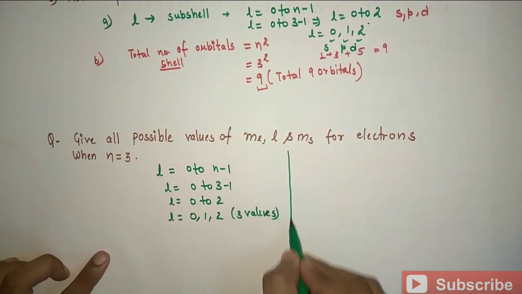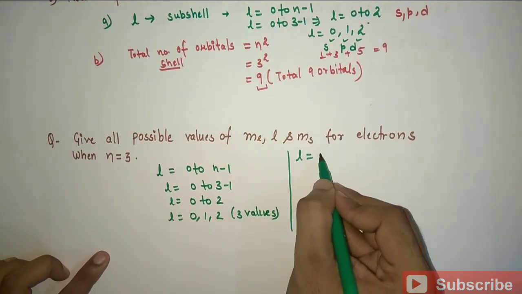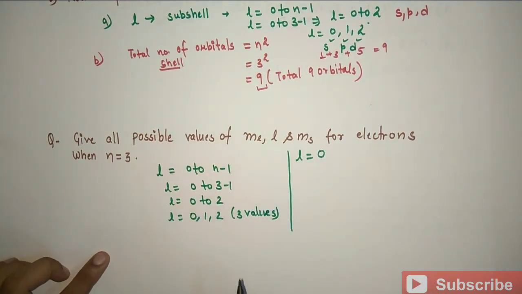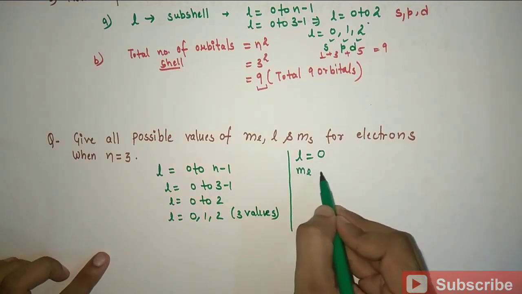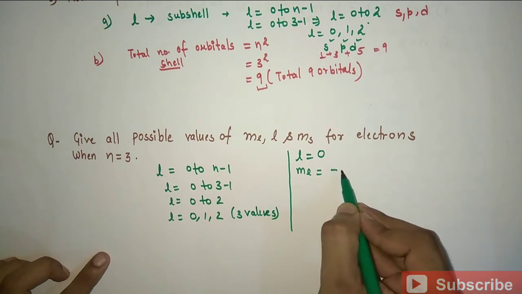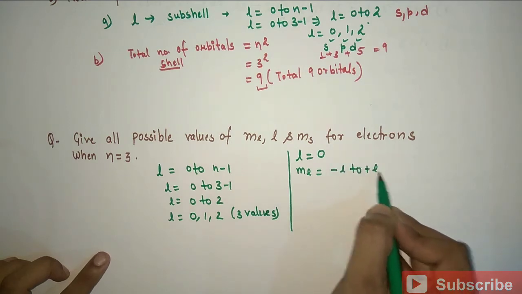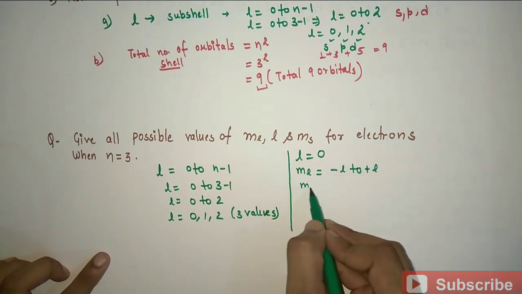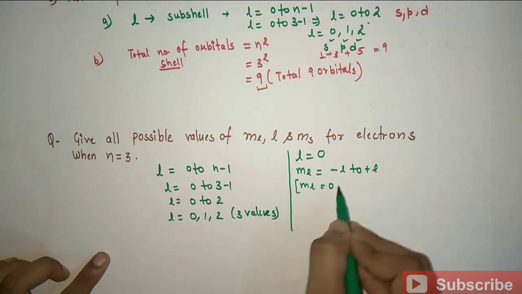In the first case, let's suppose l has the value 0. Then ml is minus l to plus l, so since l is 0, ml also comes out to be 0.